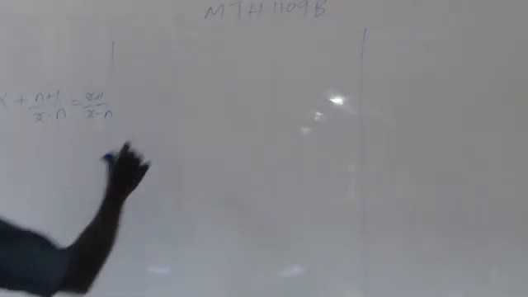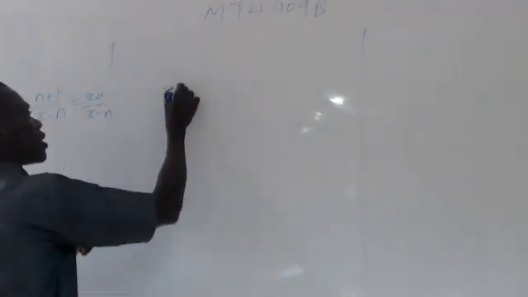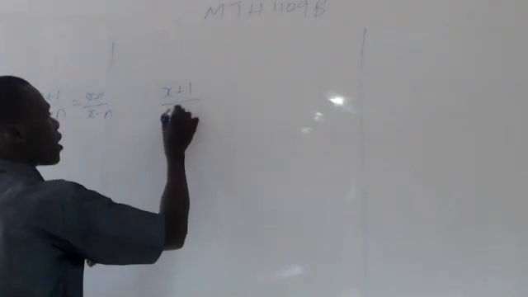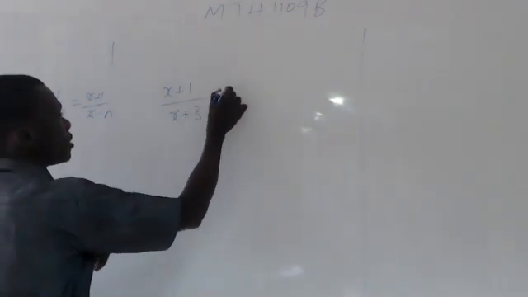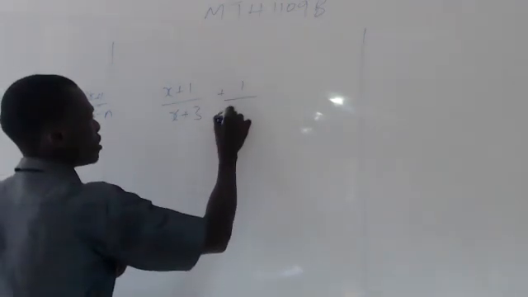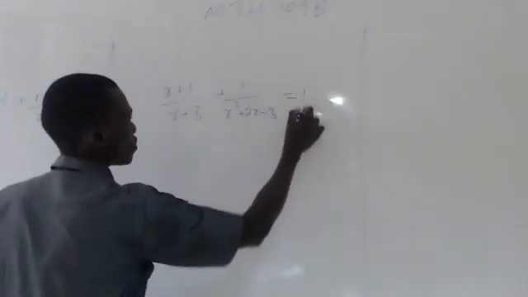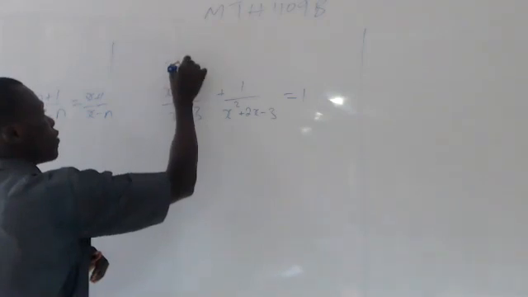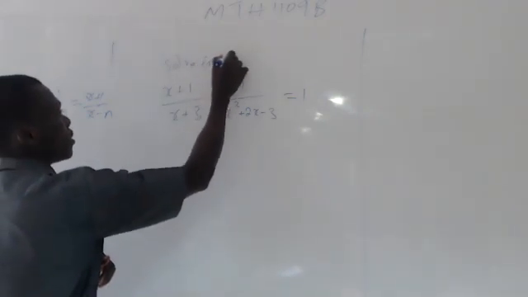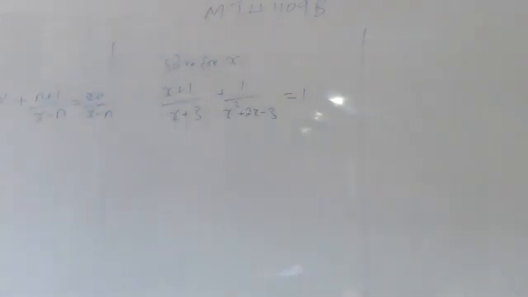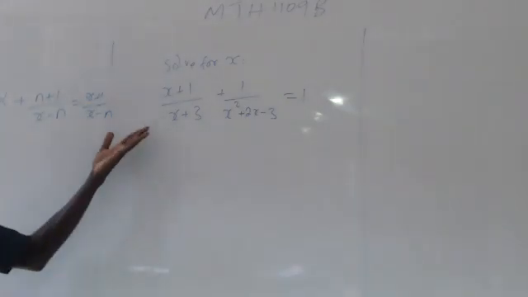So for example, if someone gives you an equation like (x plus 1) divided by (x plus 3), plus 1 divided by maybe x squared plus 2x minus 3, is equal to 1, solve for x. Then we have just discussed the domain of a function.